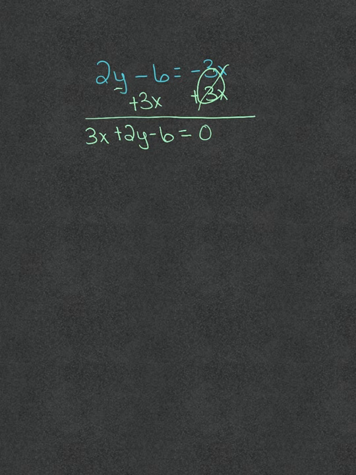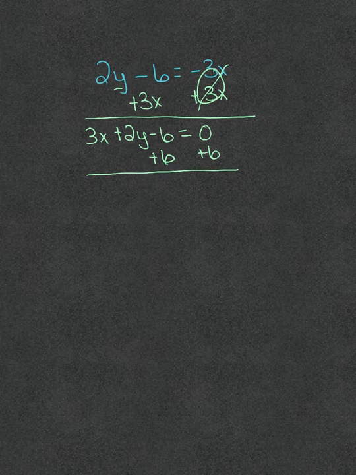And then I need to get the 6 to the other side, so I have a negative 6. The opposite of that is plus 6. And what I do to one side, I've got to do to the other. That leaves me 3x plus 2y equals 6.